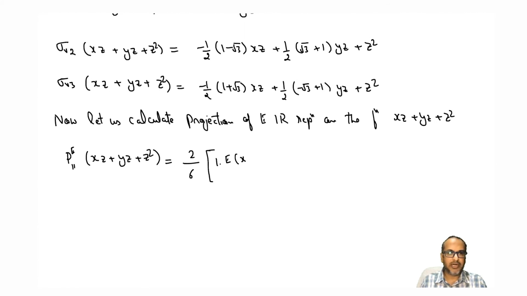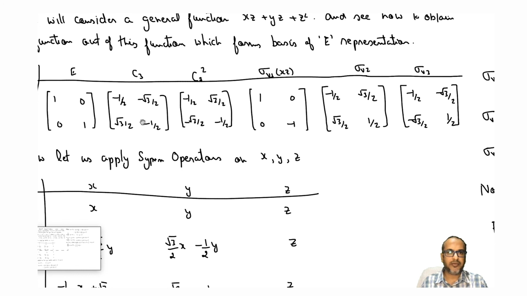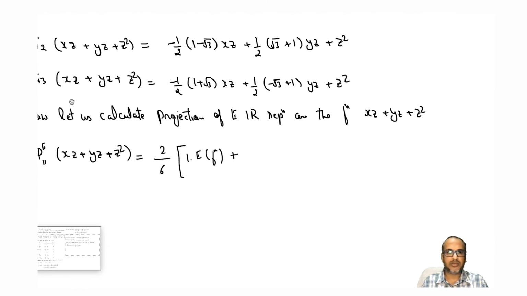In short, I will write the function. Next will be the corresponding matrix element of C3. So C3 will have minus half, and then the effect of C3 onto that function, right? That's what the projection operator formula says.